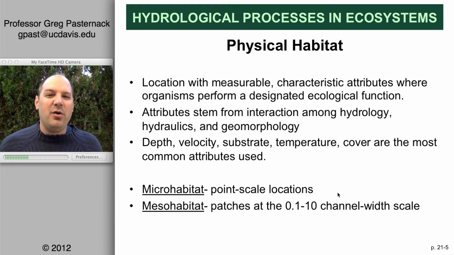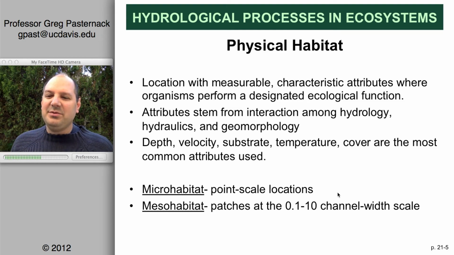The slide says 0.1 to 10, but basically bigger than a square meter, but only up to about 10 times the channel width. If you look at the length of a river, we can measure that in multiples of channel width. So when the river section is 10 times as long as it is wide, that would be the biggest size that we would call a mesohabitat.